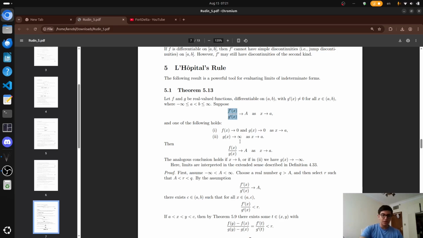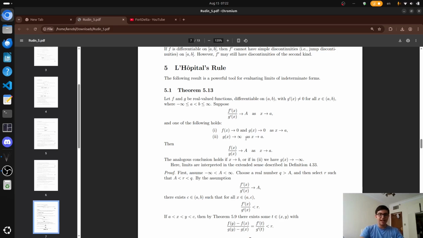And another key thing to notice is that it's only g of x that goes to infinity. You don't need f of x to go to infinity. That's a really interesting property. And the strategy here is to take this over here less than some number r, and since we know f prime of x, you can use the mean value theorem to say that it's a derivative between 2 points. It's actually the difference between 2 points divided by the difference of the run, so you can use f of b minus f of a over b minus a instead of the f prime of x definition, right?